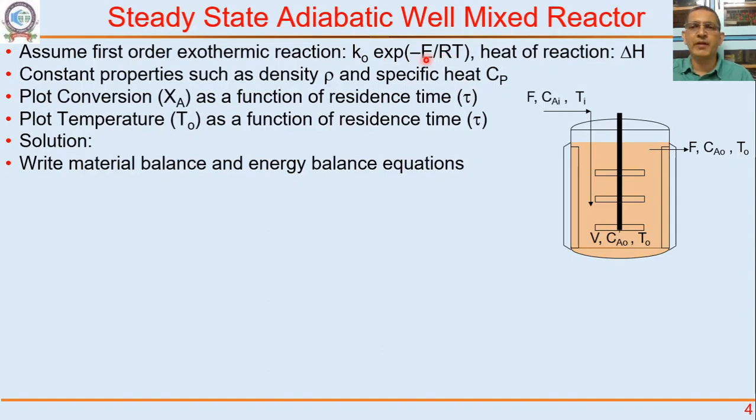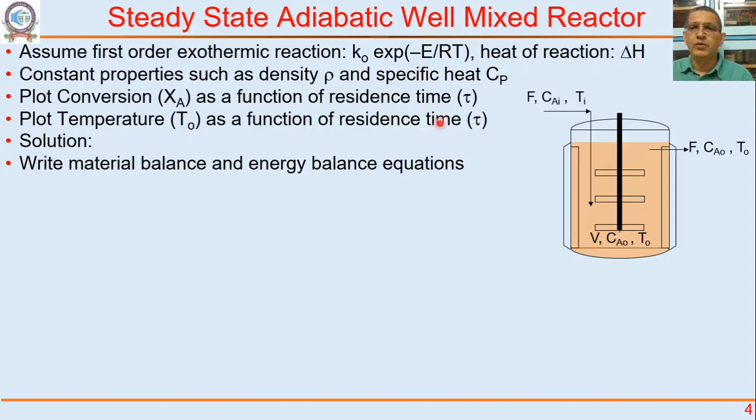E is the energy of activation and heat of reaction is minus delta H. So it's an exothermic reaction, heat of reaction is negative. I've just written delta H, but in reality it is minus delta H. Let's assume that properties such as density and specific heat are constant numbers. They don't change with temperature.